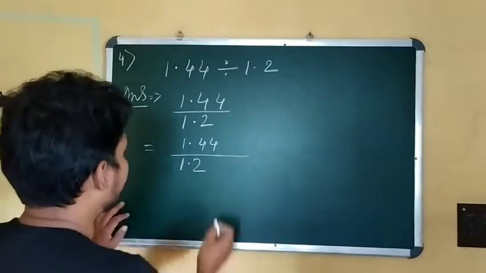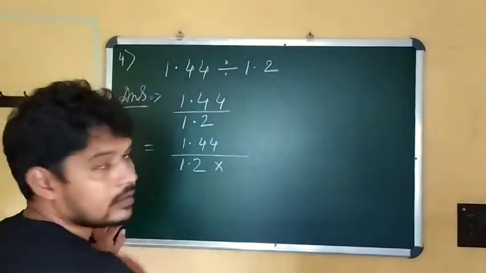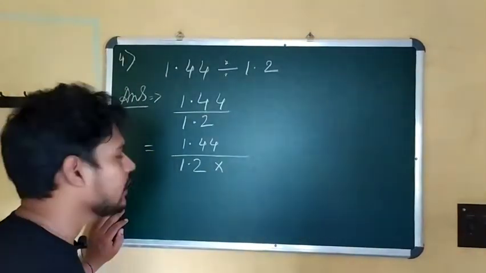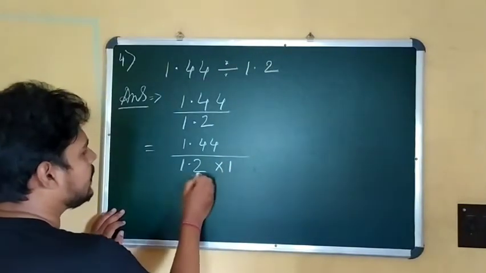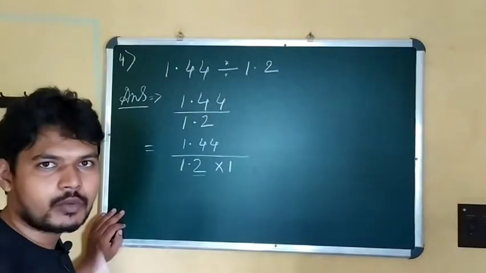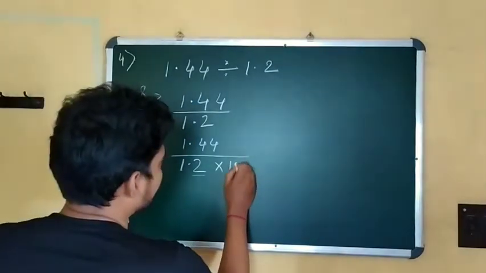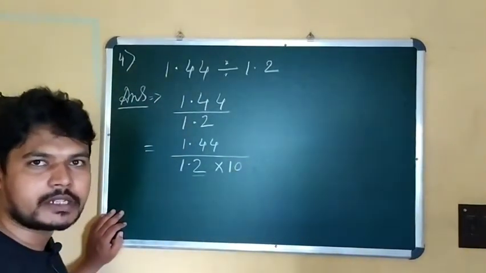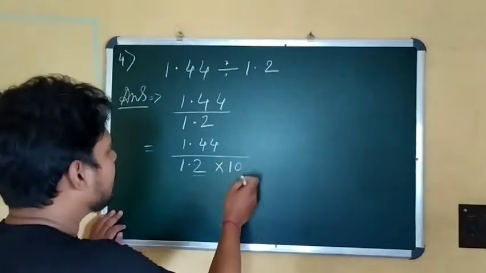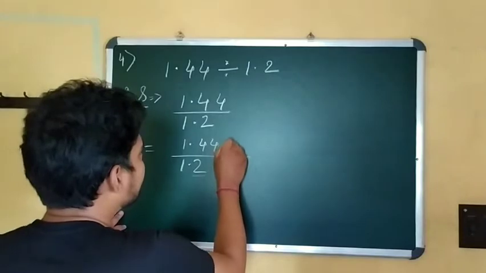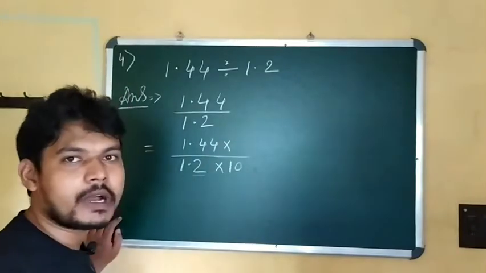So by which number do we multiply? At first you write down 1, then you count how many digits are written after the decimal point, 1. So you write down 10. That means we have to multiply by 10, then it will be converted into a whole number. Now we have to multiply the numerator also by 10.